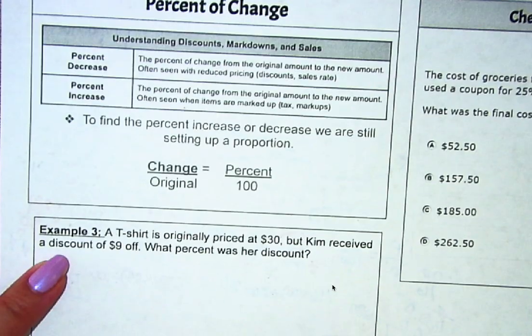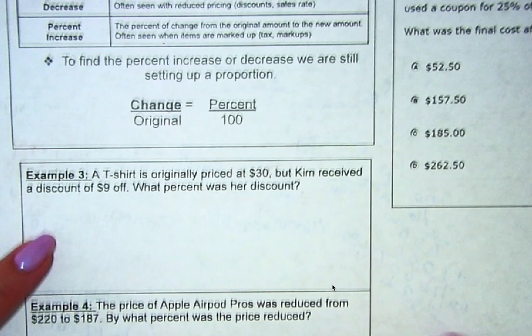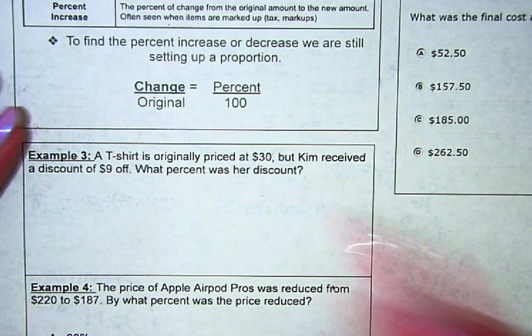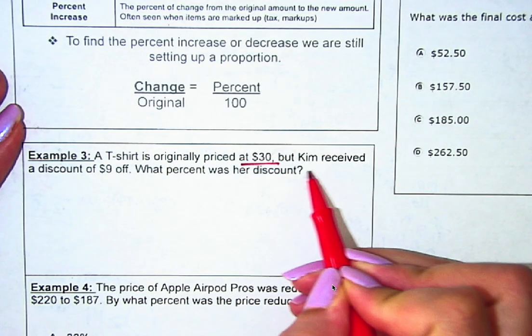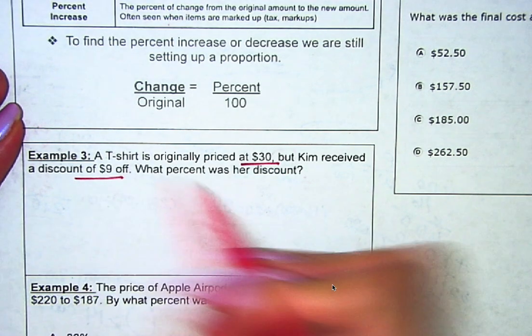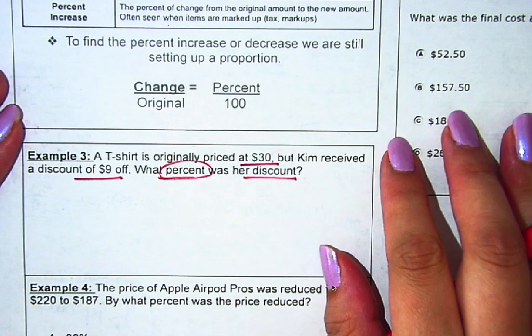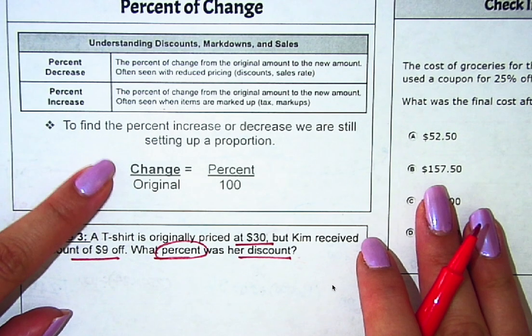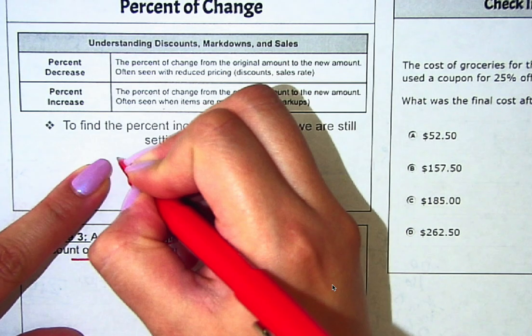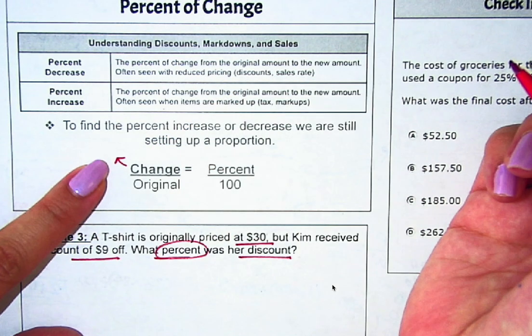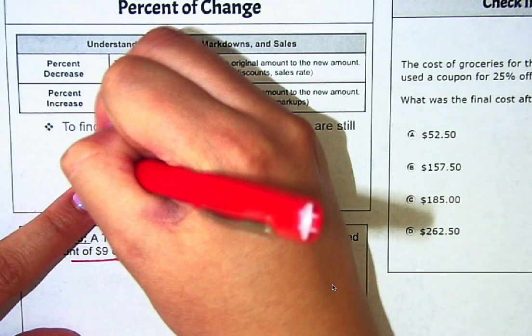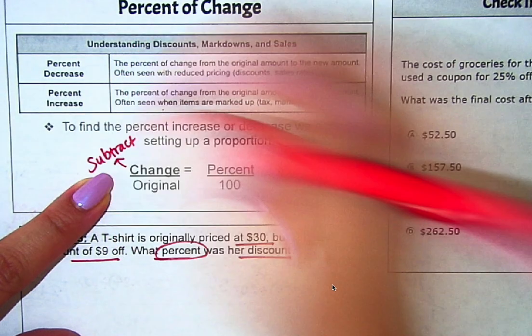Okay, so example 3, it says a t-shirt is originally $30, but Kim received a discount of $9. What percent was her discount? Okay, so right here is our proportion. We're going to find the change. The change is usually when you subtract. So you're going to subtract something, okay?